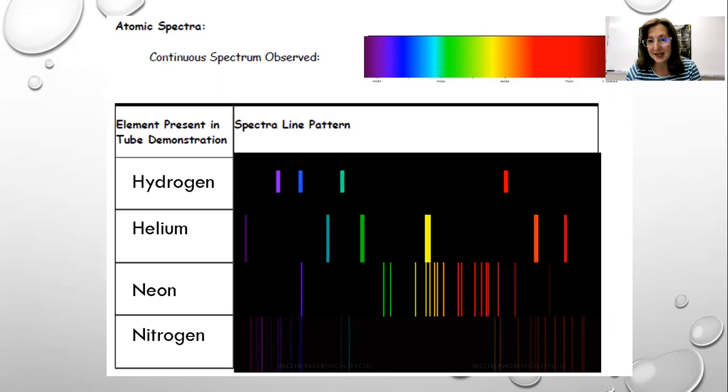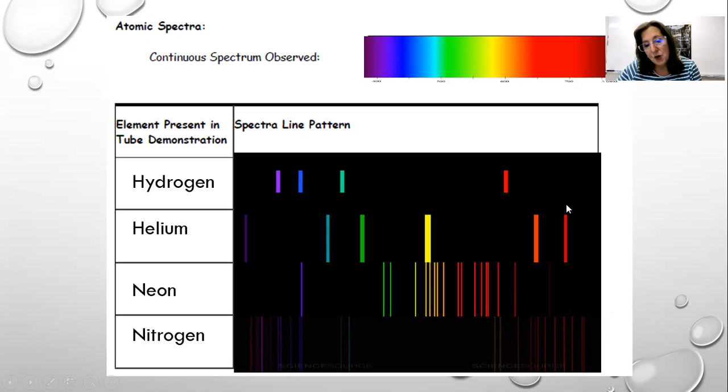Again, the best case scenario would be for you to color these with some colored pencils. You could find them online, I did, and print those out and paste them in. Or at the very least, you'll want to write in some words like purple, blue, teal maybe, and a reddish orange, okay?